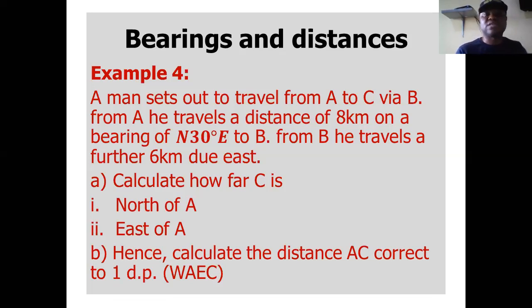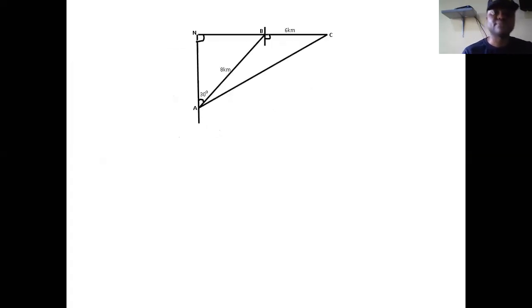A man set out to travel from A to C via B. From A, he traveled a distance of 8 kilometers on a bearing of north 30 degrees east to B. So let's get a diagram for that. Here is the diagram. I want to show you the diagram I've drawn already, but permit me to show you this in detail. From A, he traveled 30 degrees.